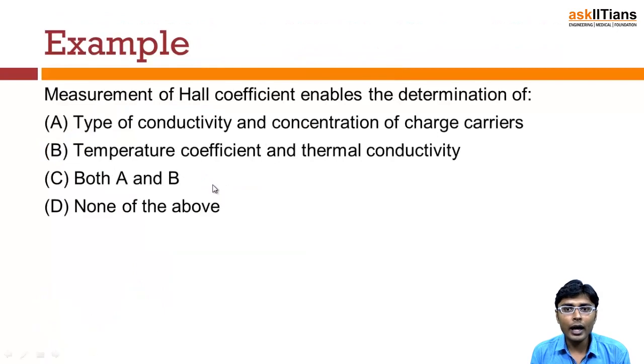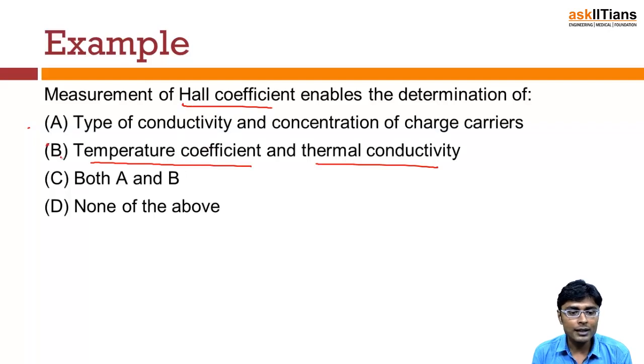Okay, so we have seen how to determine the concentration as well as the mobility of a semiconductor material. Now let us solve some examples and see how much we have gained, right? So the first question is, the measurement of Hall coefficient enables the determination of: A, type of conductivity and concentration of charge carriers; B, temperature coefficient and thermal conductivity; C, both A and B; D, none of the above. If you see option B, we cannot determine the temperature coefficient as well as the thermal conductivity having the Hall coefficient known to us.